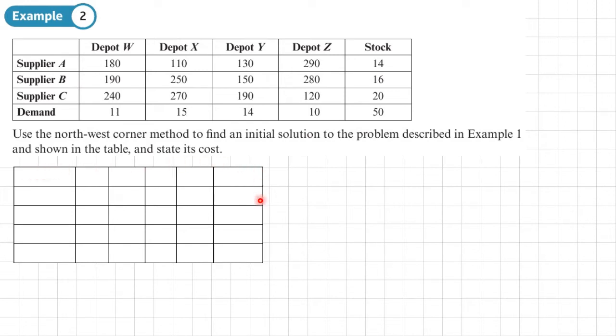So I've drawn a blank table here. We're going to use this blank table, and the first thing that I need to do is to copy down the stock and demand columns and leave the rest of the table blank for the moment.